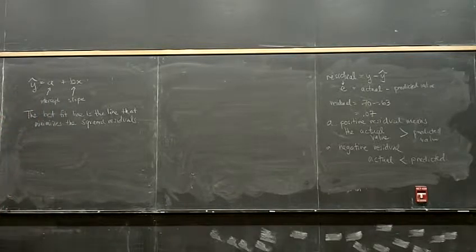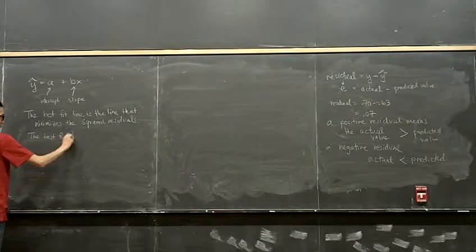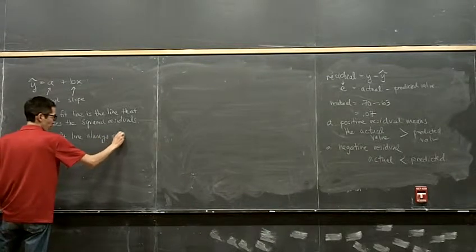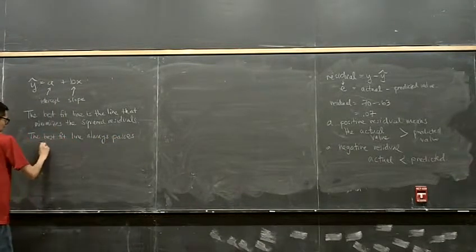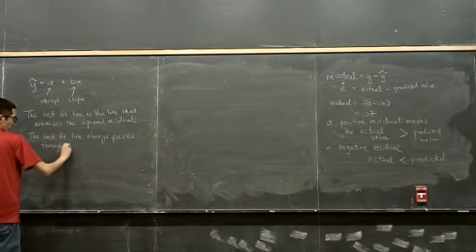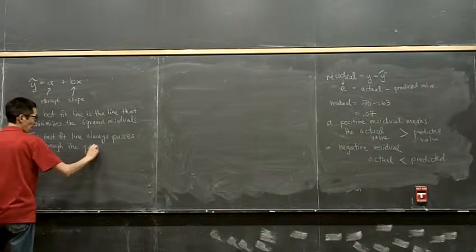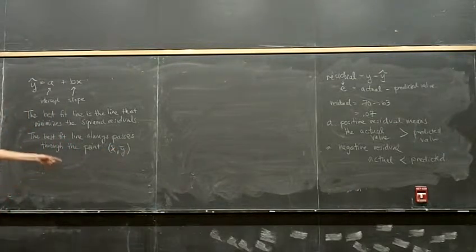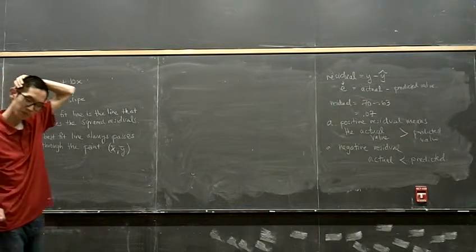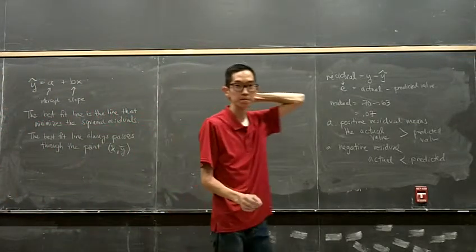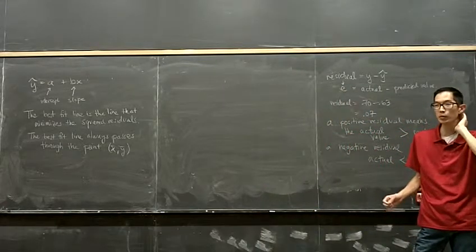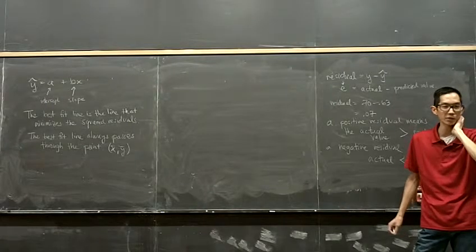And the best fit line will always pass through the point x bar comma y bar. What is the point x bar comma y bar? Yeah, it's going to pass through the point that is the mean of x and the mean of y. So what is the point that has the mean of x and the mean of y?